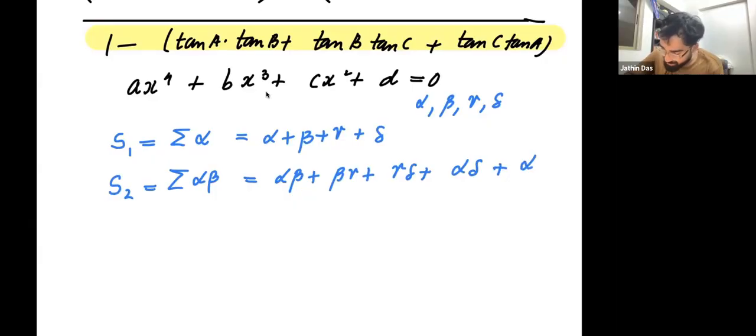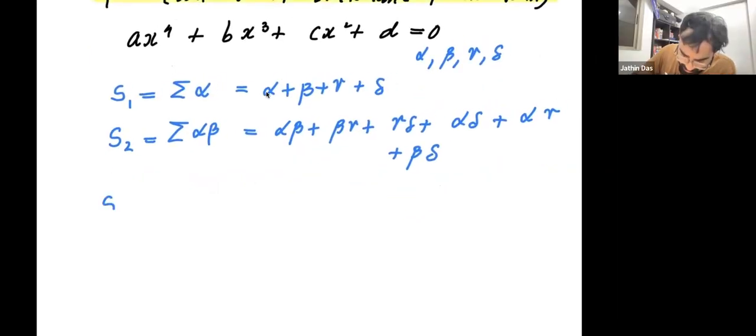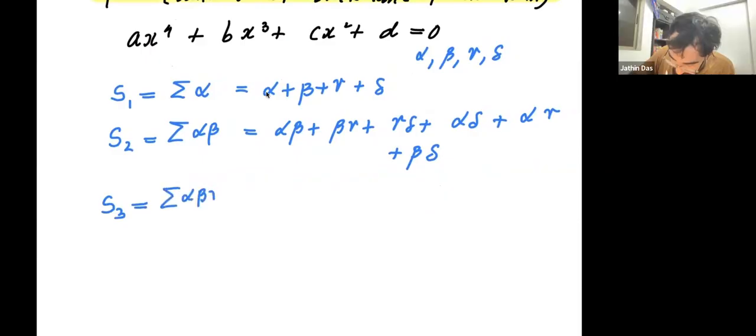No, alpha beta, alpha gamma is there. With beta, there are three. Beta delta is also there. Basically, alpha gamma, alpha delta, so delta has 3, beta has 3, alpha also 3. You getting? Okay. Now S3 means? Now you tell me. Alpha beta gamma, yes, like that.